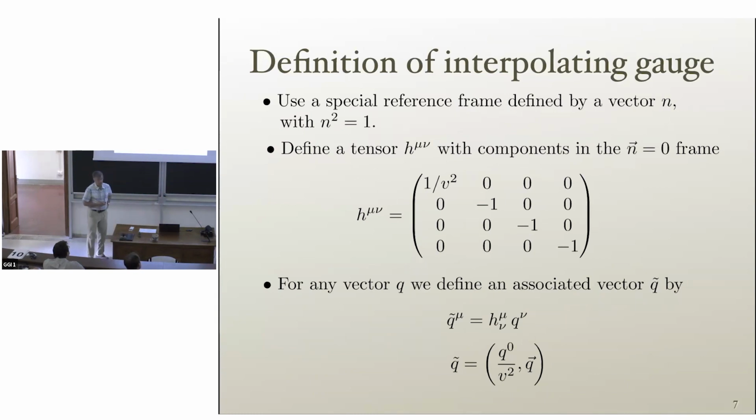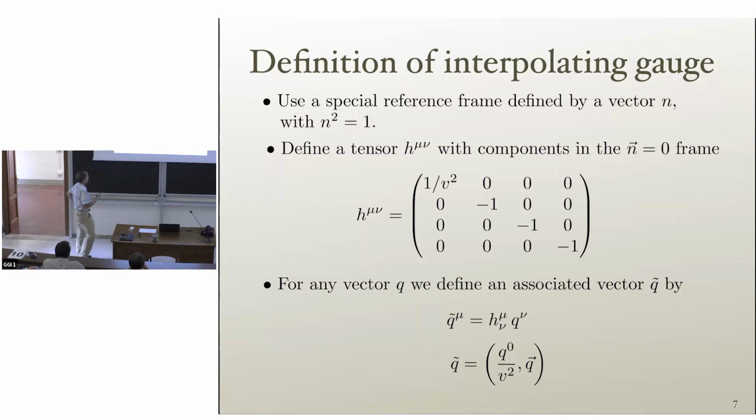So this is a not covariant gauge like Coulomb gauge. It has to have a vector n that points in some direction, and it's a time-like vector. You can best think of this in the reference frame in which n just points along the time axis. Then we define a tensor h^{μν} whose components in that reference frame are just -1, -1, -1 on the space directions, and 1/v², where v is a parameter, in the time direction.